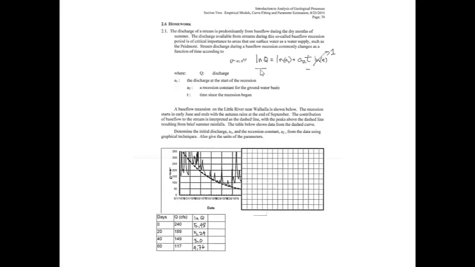And so from this transform we know that we want to plot the natural log of q as a function of time. So I come down here to the data table and I'm given time and q, the flow rate. So I calculate the natural log of q just using the calculator and write the values in right here. Okay, so that's the first step.